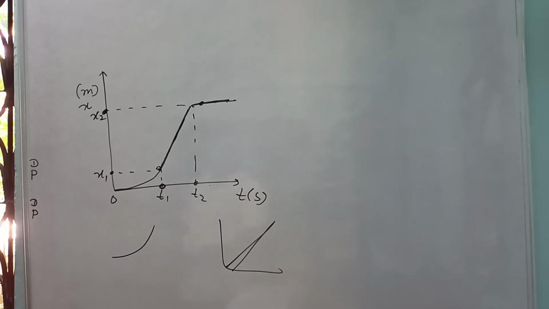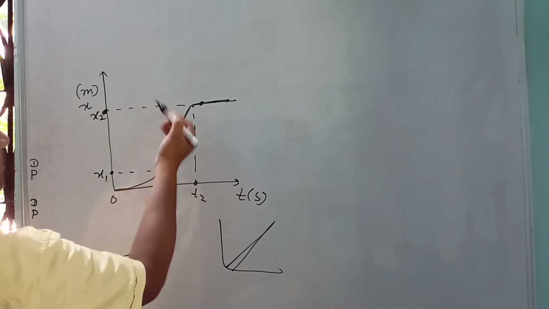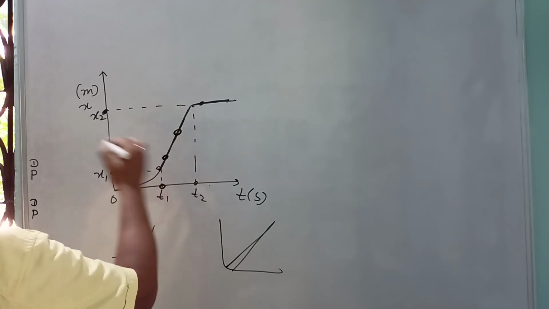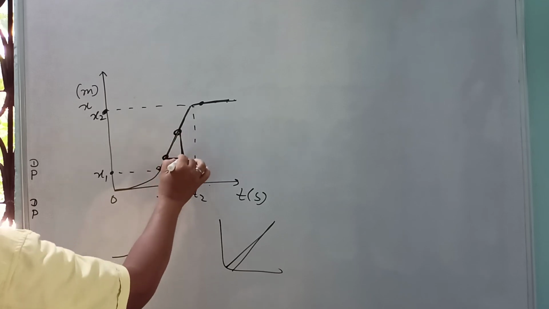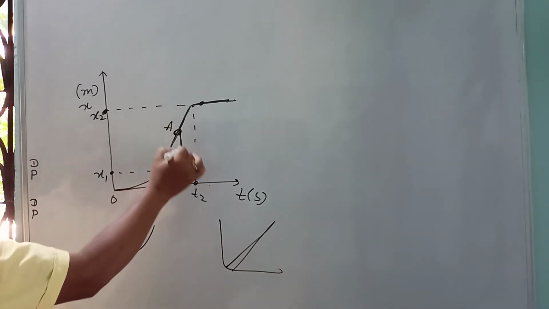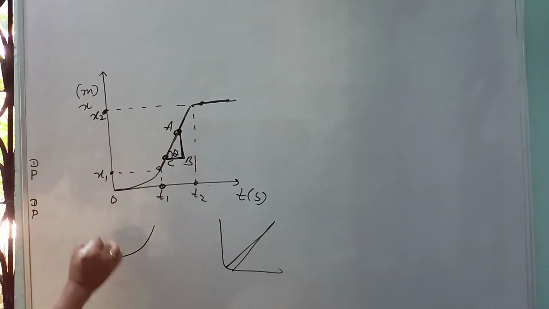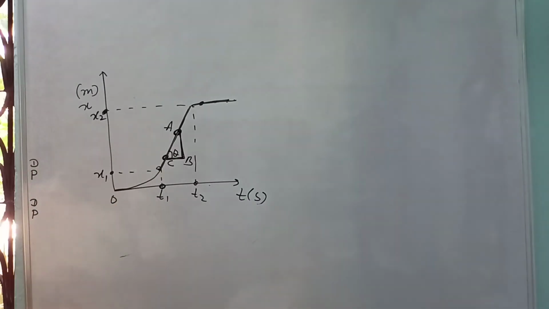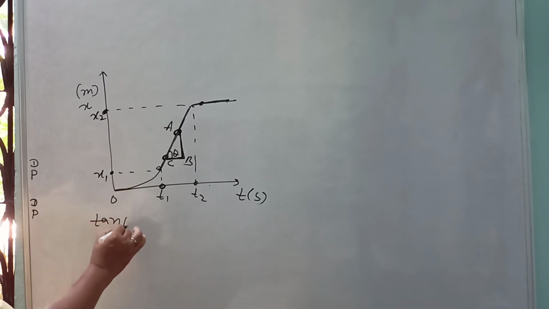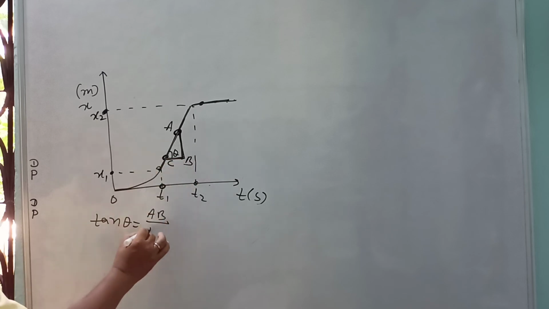Very important, from this position-time graph your speed or velocity is obtained. How? If you take the slope. Take any two positions and join them, so this is a right angle triangle ABC, with this angle theta. Then tan theta is equal to AB divided by BC.